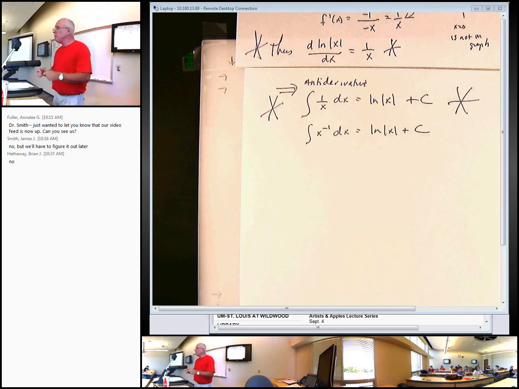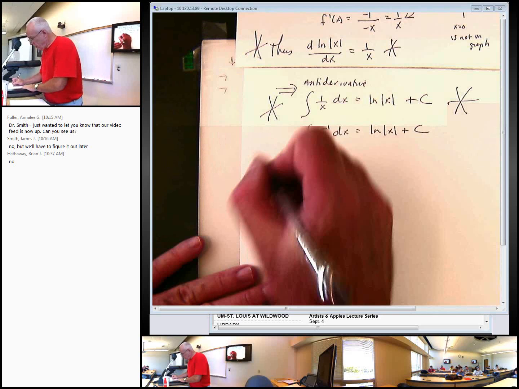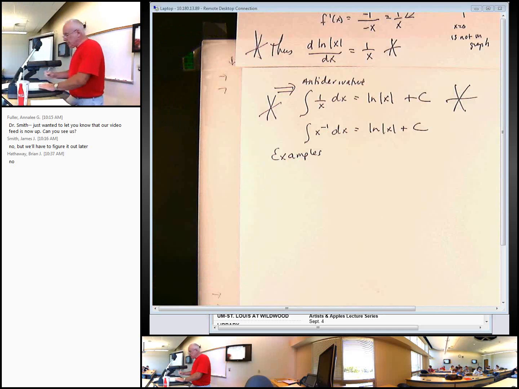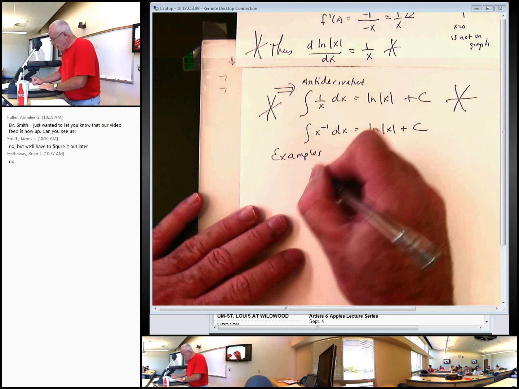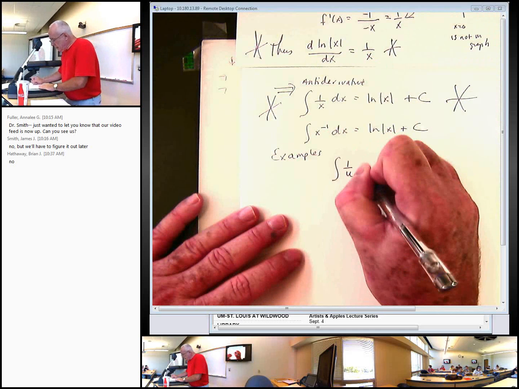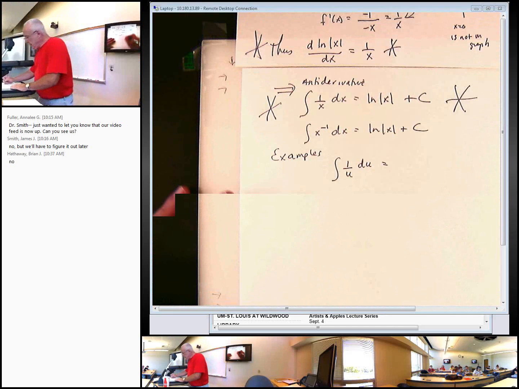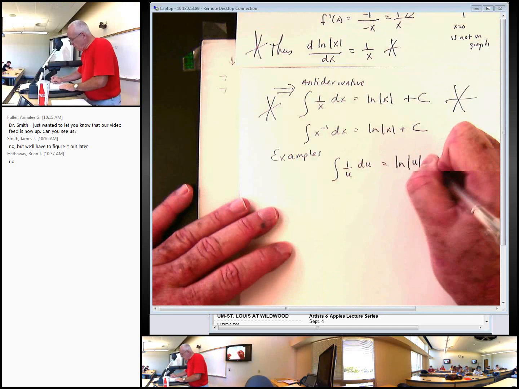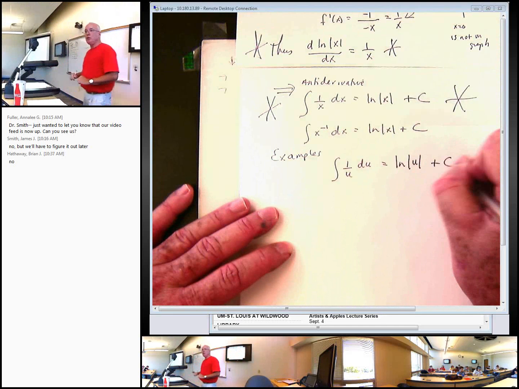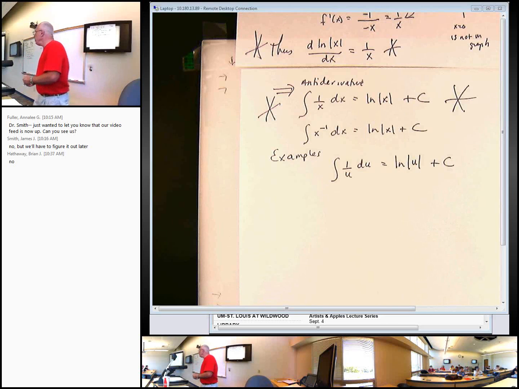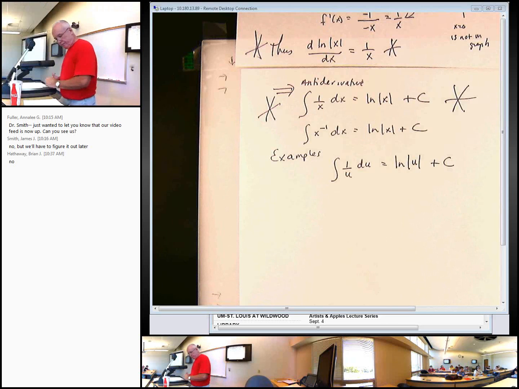And it's going to involve u substitutions. We can certainly say in general that the antiderivative of 1 over u du is equal to the natural log of the absolute value of u plus c. All I'm doing there is changing the x to a u, nothing else.